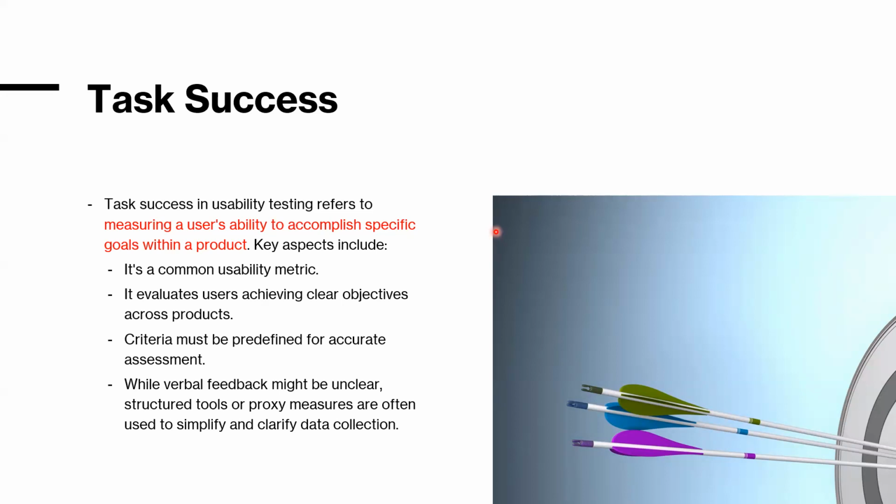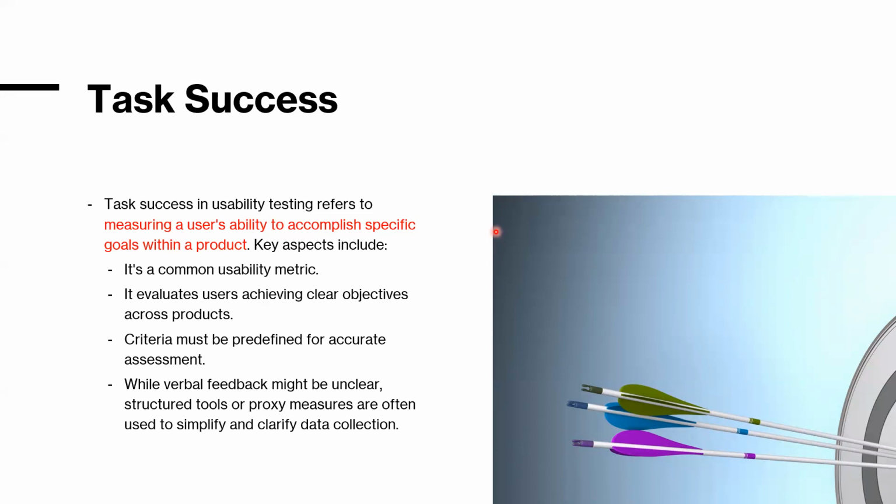Or maybe a bigger task may contain several steps. As I mentioned, it can be a job application, it can be purchasing a product, and so on. But anyway, the task success is very fundamental and crucial for any usability test, right?